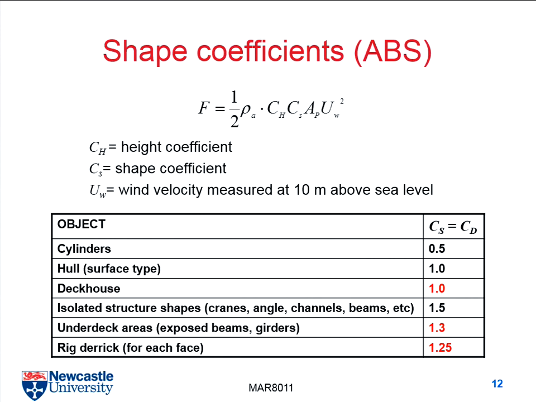But the style is quite similar: a half, the air density, a coefficient for height, a coefficient for shape, area, and velocity squared. And they give another table for different things. And in this case, for exactly the same thing, we use 3 of them: the deck house, the platform, and the structures.